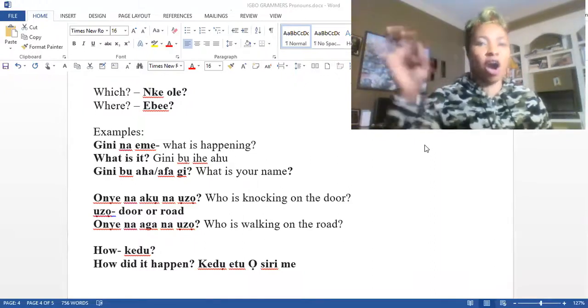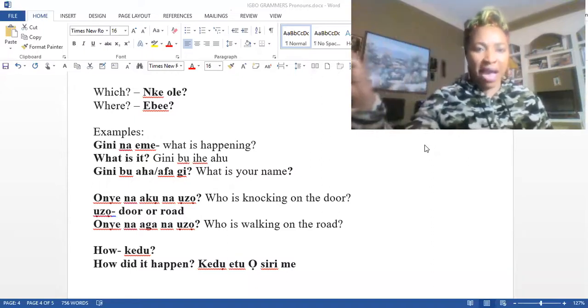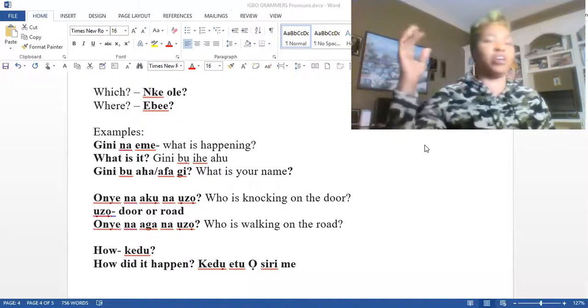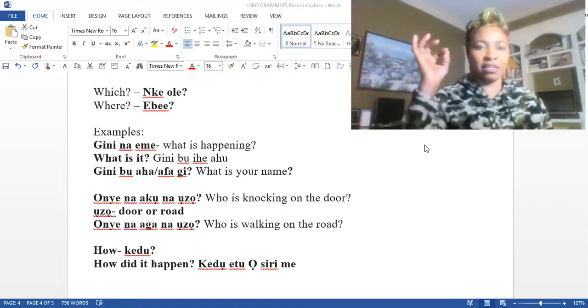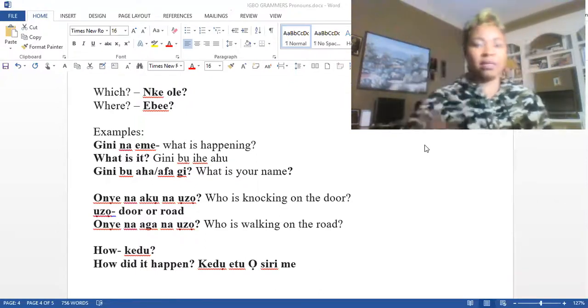You see that O is representing Obinna. Or your mom will say, where's Obinna? Say O no ebe ahụ. It means he is there. That O is representing he, which is Obinna.